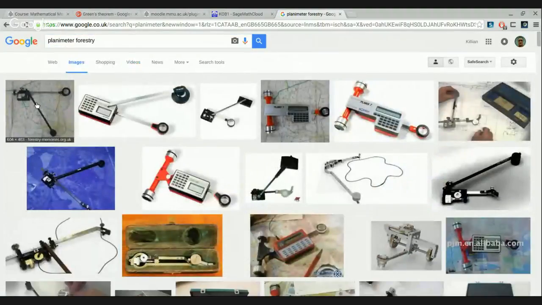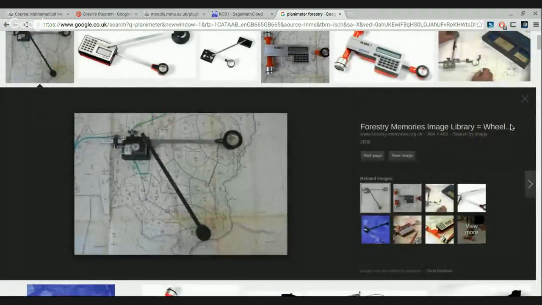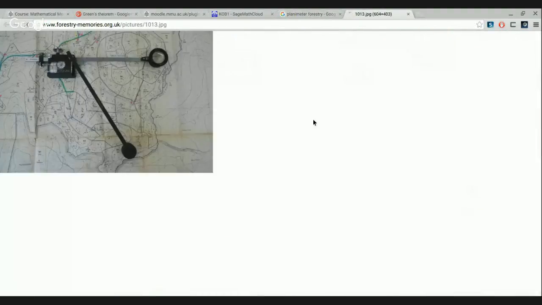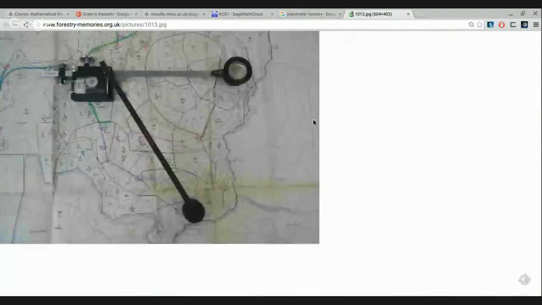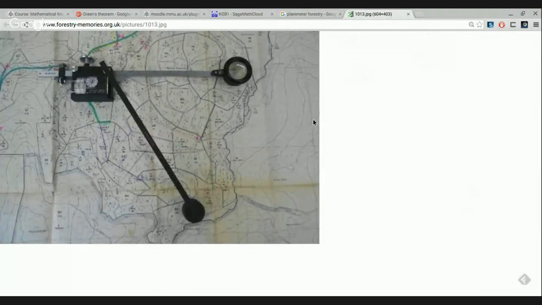Yeah, this one here. This is an example taken from forestry. So we've got a map here of a mountainside, and there's various plots marked out on it. So this might be something used by those planning forestry.